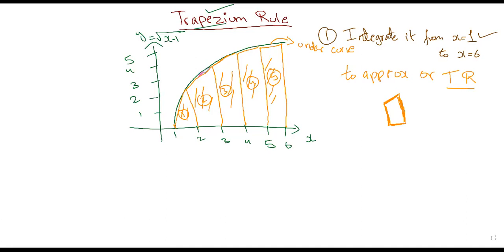We have these spaces which are not under these trapeziums, but that is what I meant by approximation. The trapezium rule is always going to give you an approximation: find the area of these trapeziums, sum these areas, and say that this is an approximation to the area under the curve. Do you get the initial idea of what the trapezium rule is?